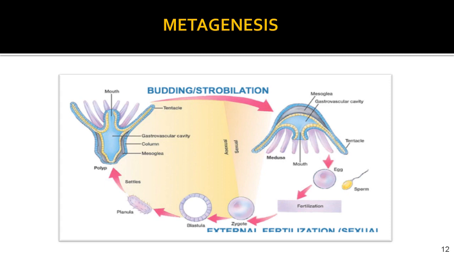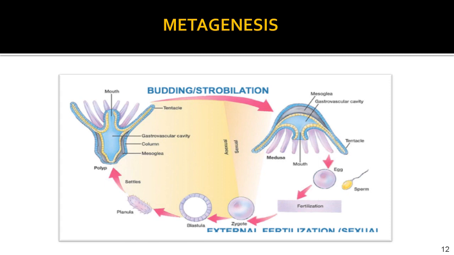When fertilization takes place, it becomes a zygote. The zygote forms a blastula. Then the blastula forms a larva. Already we said the name of the larva is planula larva, right? This planula larva will settle and develop as a polyp hydra.